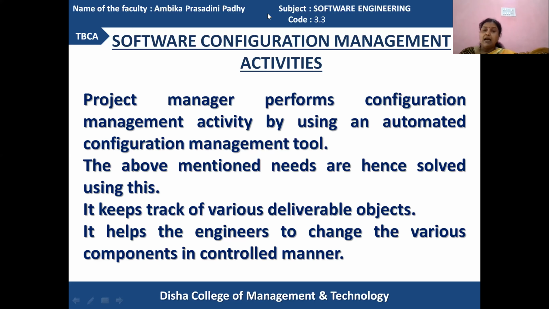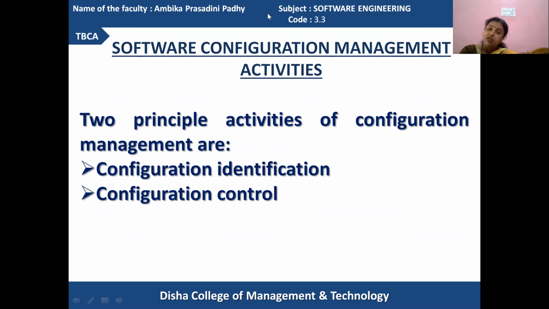Got it? And in order to perform the configuration management actions, there are two principal activities available: configuration identification and configuration control. Configuration identification: what are the objects, identify all of those. What are the actions of the objects, identify all of those. That is configuration identification.